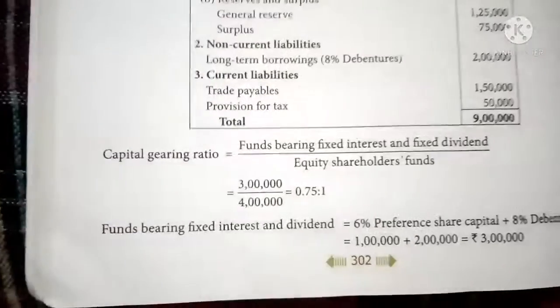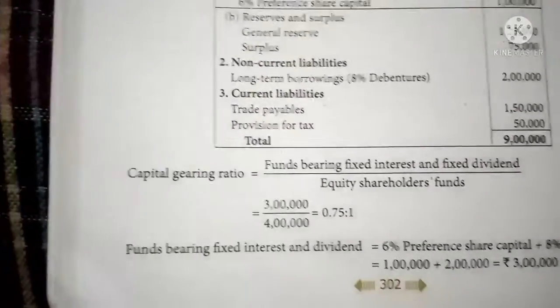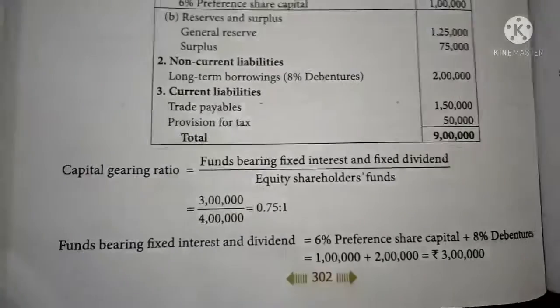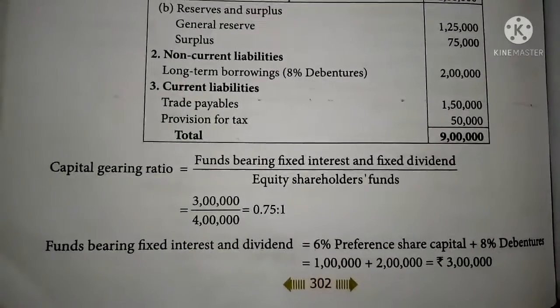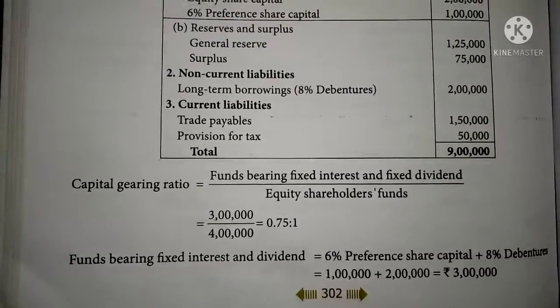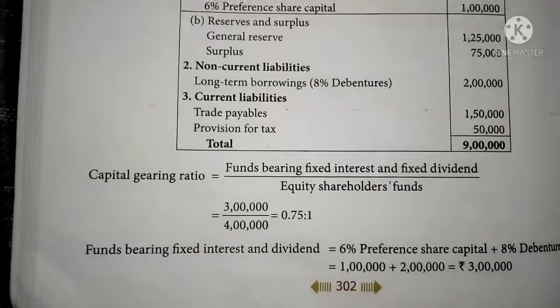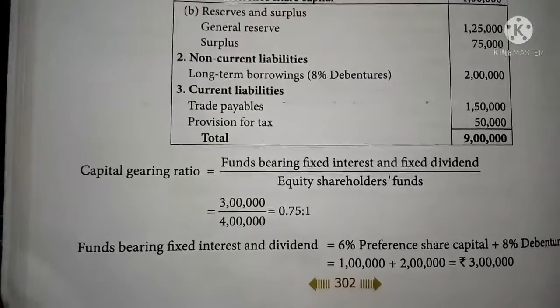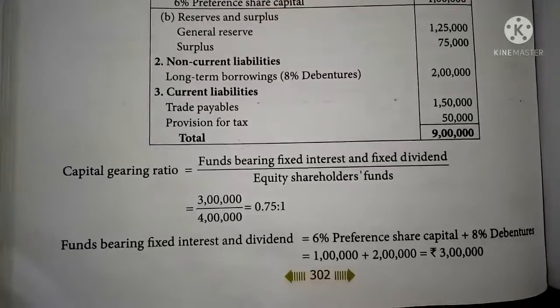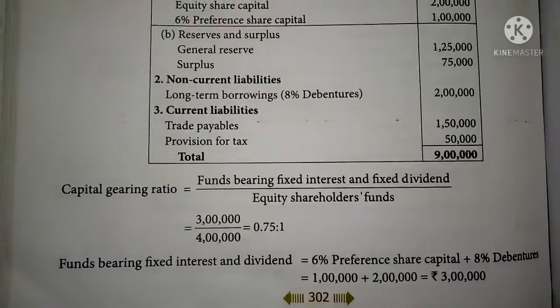In this way you can easily find out the solvency ratios, that is debt equity ratio, proprietary ratio and capital gearing ratio. Students, you can go through all these points, that is solvency ratio, 3 types of ratios and 3 example sums.